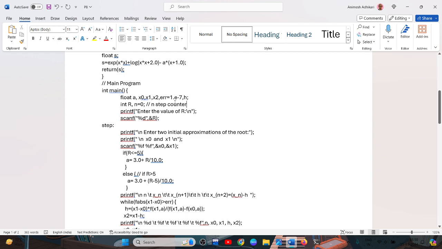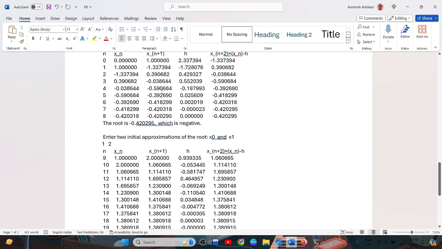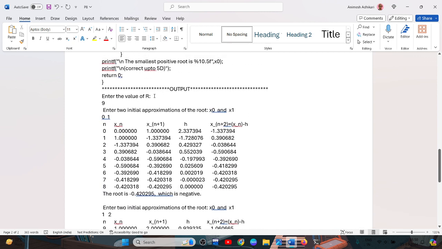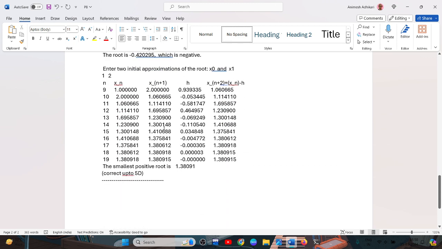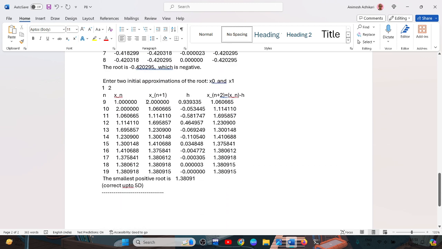Here the output is for r equal to 9. Enter the two initial approximations of the root, 0 and 1, and again we get a negative root. We want the smallest positive root, so we change the initial approximations to 1 and 2. We get the smallest positive root.